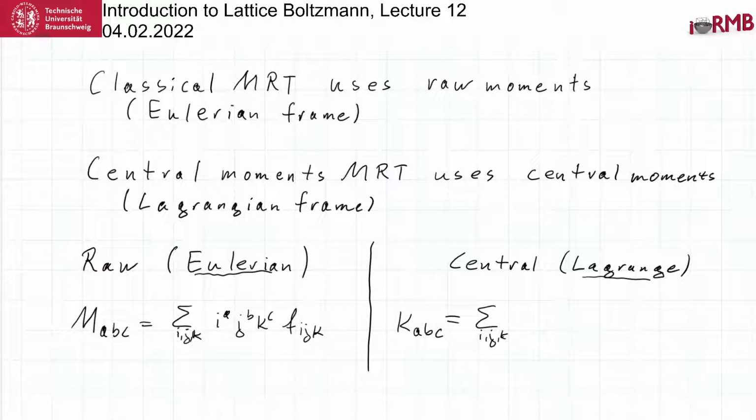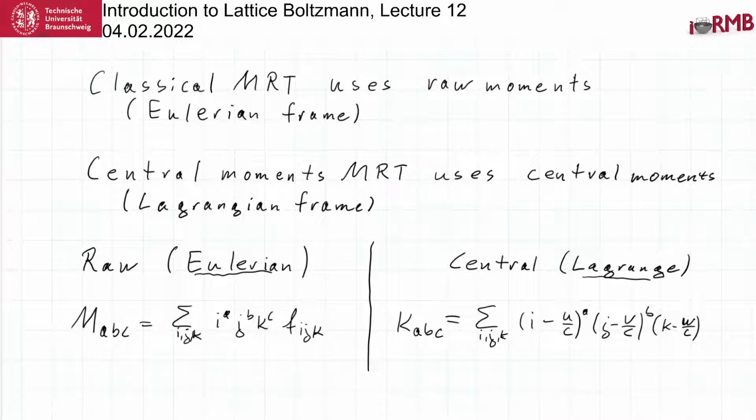However, instead of i, j, and k, we have here i minus u, this is the x velocity divided by the lattice velocity C, to the power of a, j minus v, which is the y velocity divided by C, to the power of b, and k minus w, which is the z velocity divided by C.